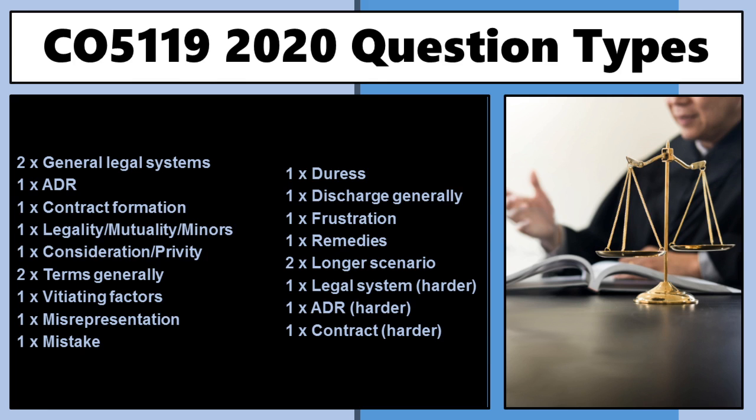It's going to require you to read a scenario and really try to work out which legal principles are the appropriate ones. When I say longer, I mean most of them will be five or six sentences, so they're not going to be full half-page narratives.